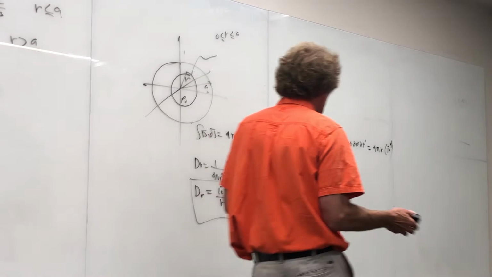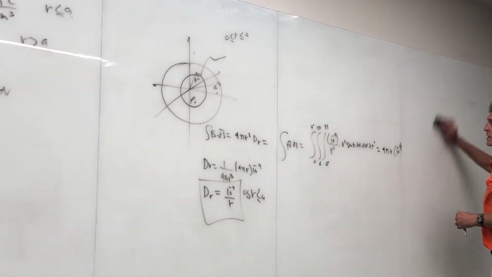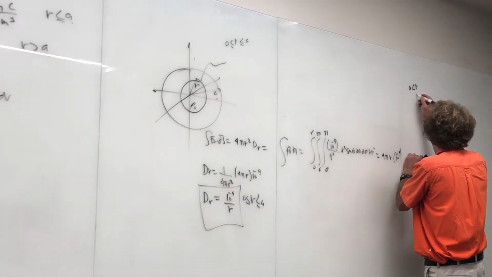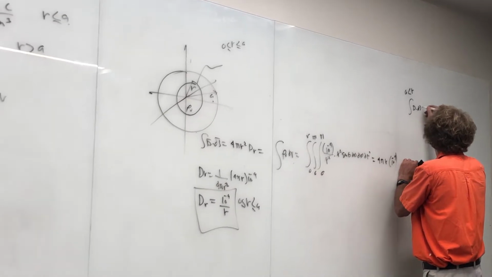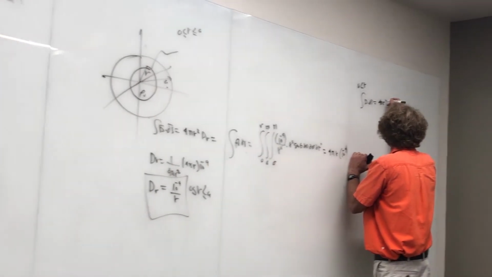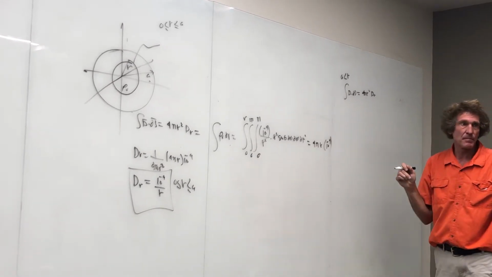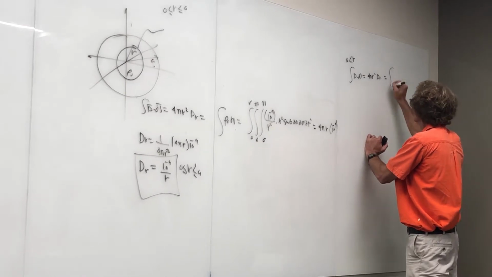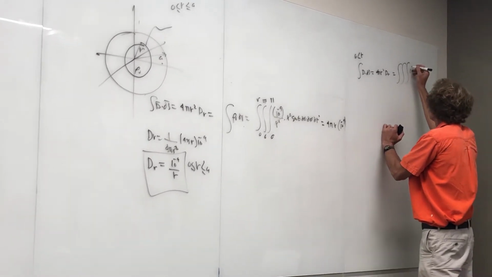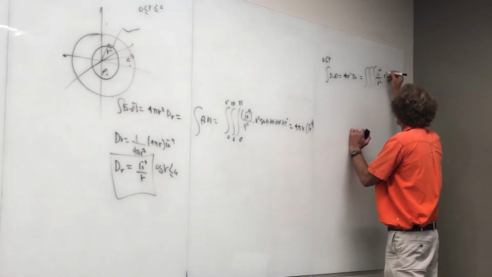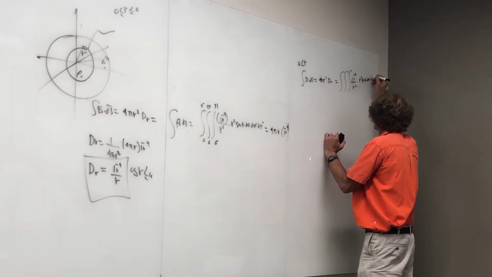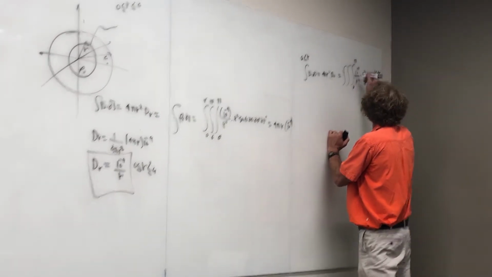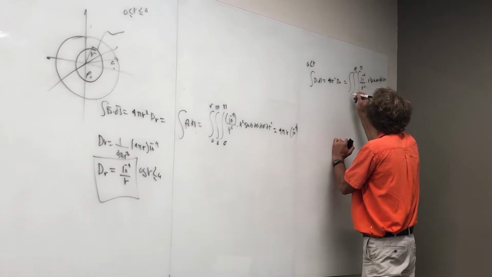Now, after that, when we go to r greater than a, then the integral of D dot dS over the surface is still equal to 4 pi r squared Dr. I hope, does everybody agree with that? But now it's the total charge enclosed. So the total charge enclosed is going to be the same integral, 10 to the minus 9th over r squared times r squared sine theta d theta d phi dr, 0 to pi, right? 0 to 2 pi, but now this one goes 0 to a.